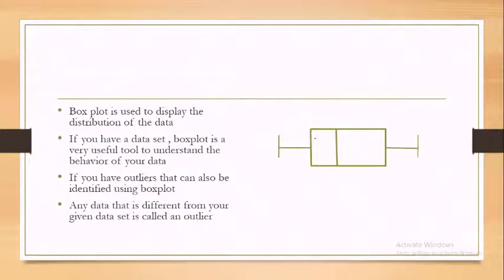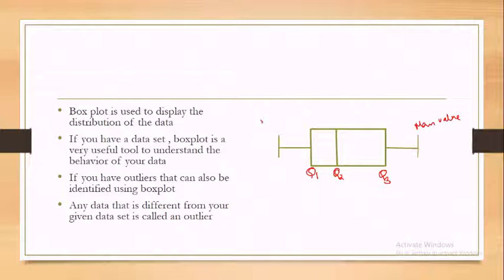Now this first line of this rectangular box is your first quartile. This line is your second quartile, which is also the median. The third line is the third quartile. Now this line represents the maximum value in your data.